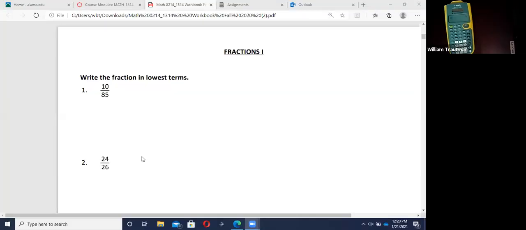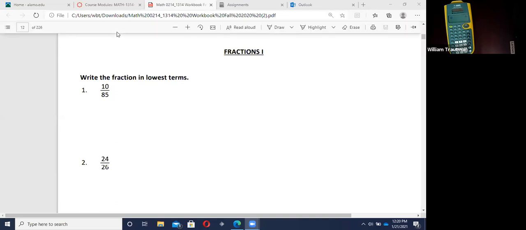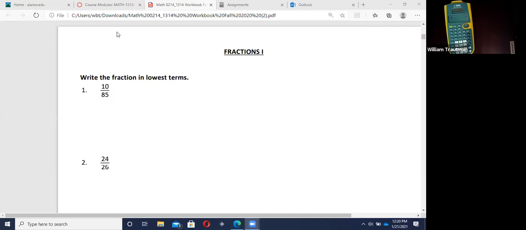Okay, next, I'm going to show you on this next one how the book actually does this problem. So once again, you can reduce a fraction any way you want. I recommend using the calculator, but I'm going to show you how the book does this problem. If we take the top, 24, you just find all the prime numbers that it divides into.